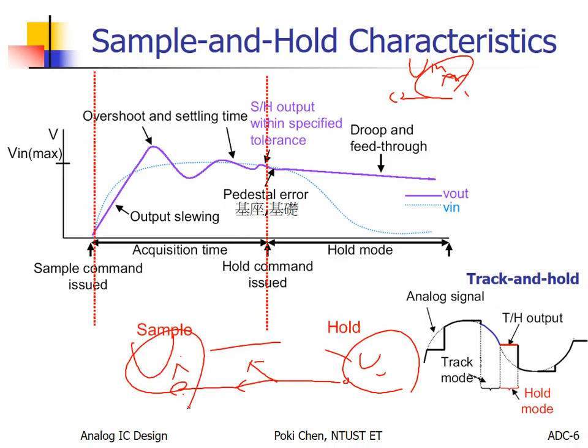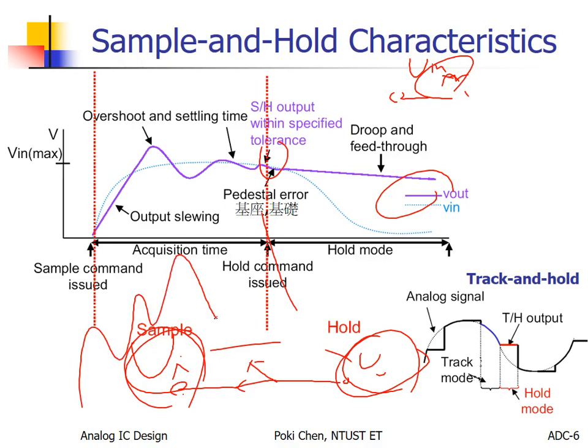But anyway, nothing is free. You need some time for V out to settle down to the final voltage, as close as possible to your input. And after that, you need to hold. How can you hold, because V in is still changing? You need to open the switch for hold. Okay, that's it.